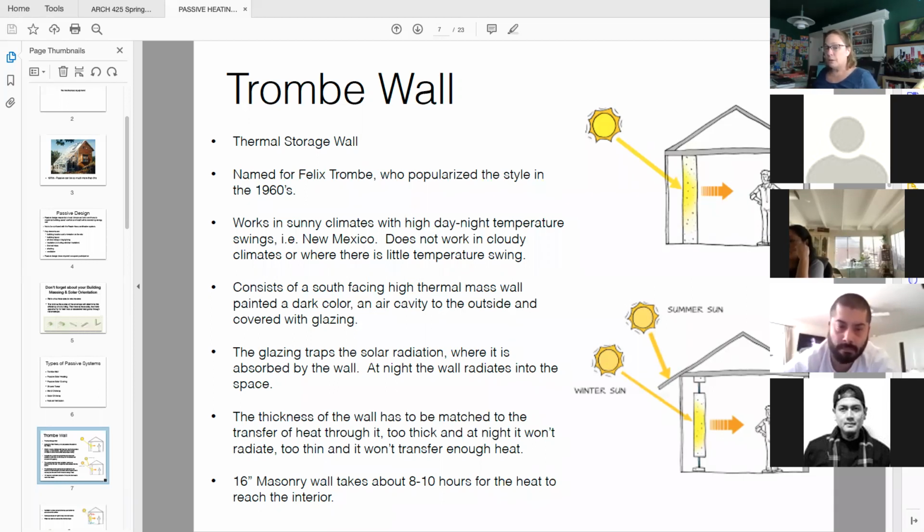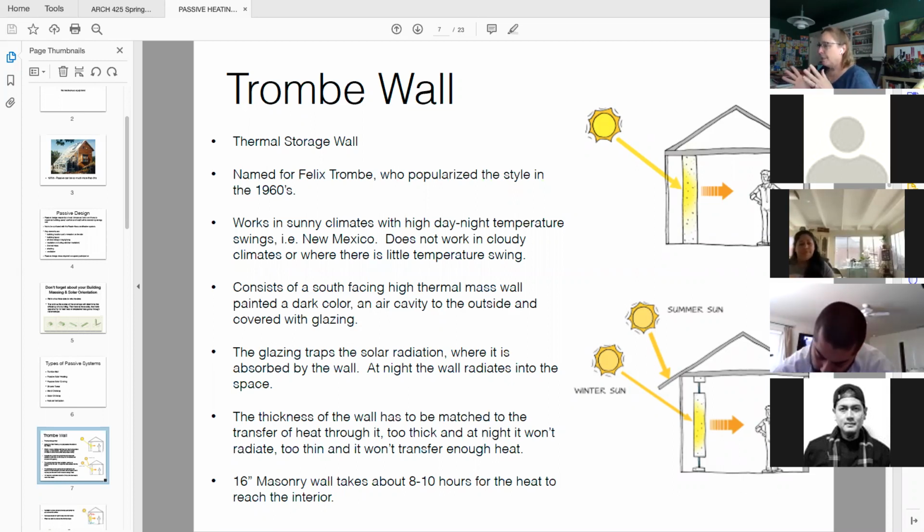There are a bunch of different configurations of how you can do that, but it has to have those three parts to be considered a Trombe wall system. So similar to the greenhouse effect, the glazing allows the solar radiation to enter into the air cavity that is between the thermal mass and the glazing.